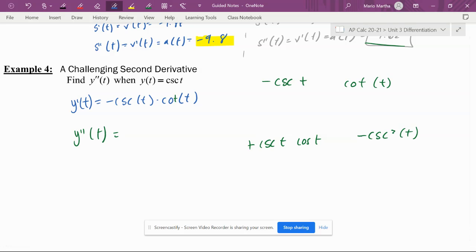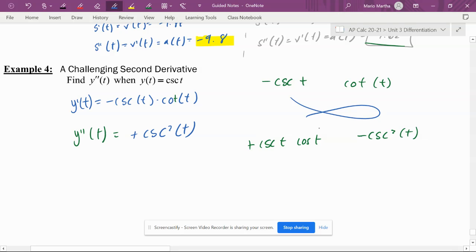And then again, draw your fish. So that was going to give us negative cosecant times negative cosecant squared, which would be positive cosecant cubed of t.